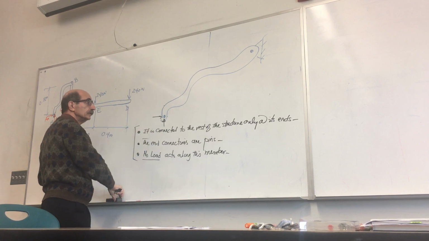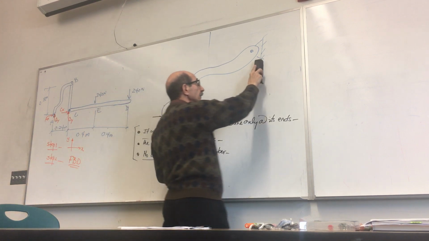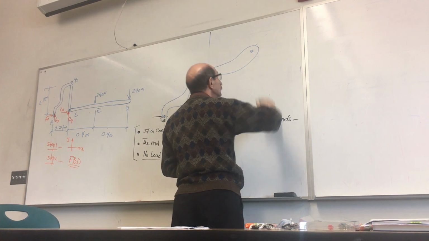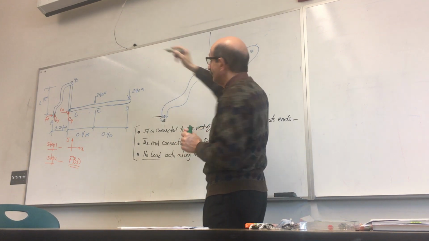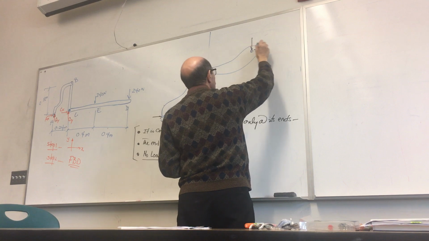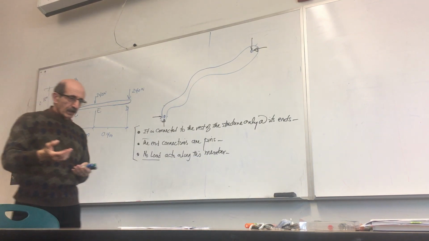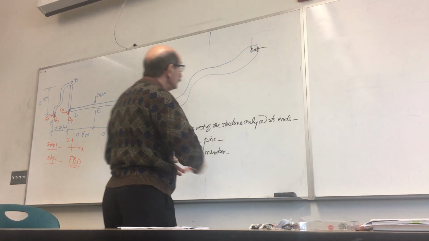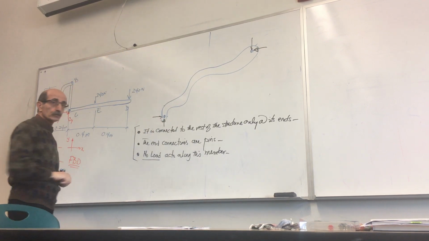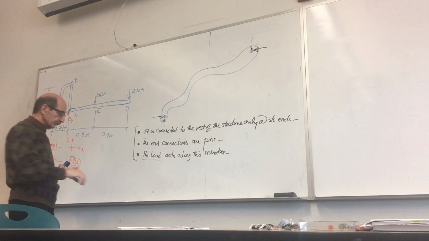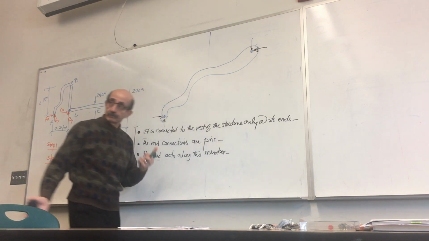How about that one? Represents how many unknowns? Two. So what I will do to make my life easier, I would replace these two unknowns or these two forces with their resultant. Okay? Can I do that?